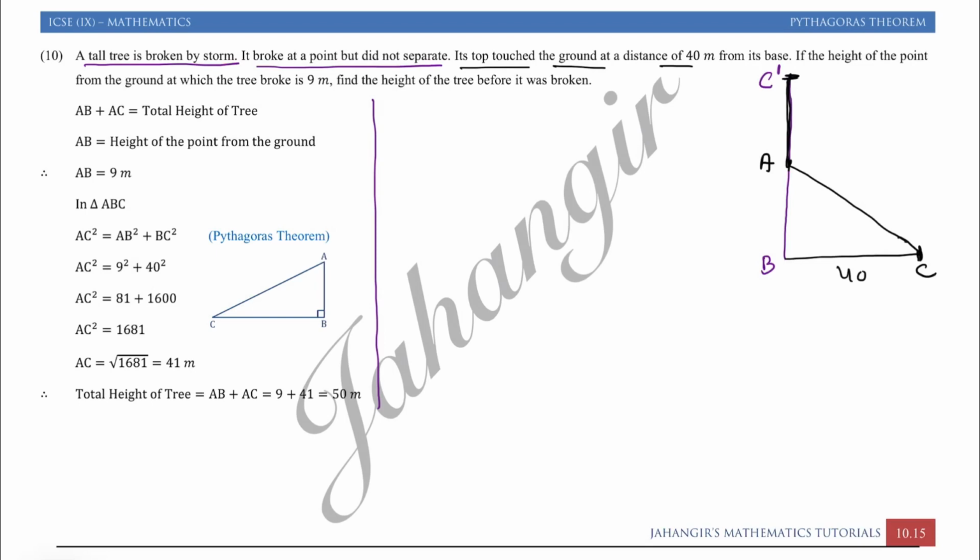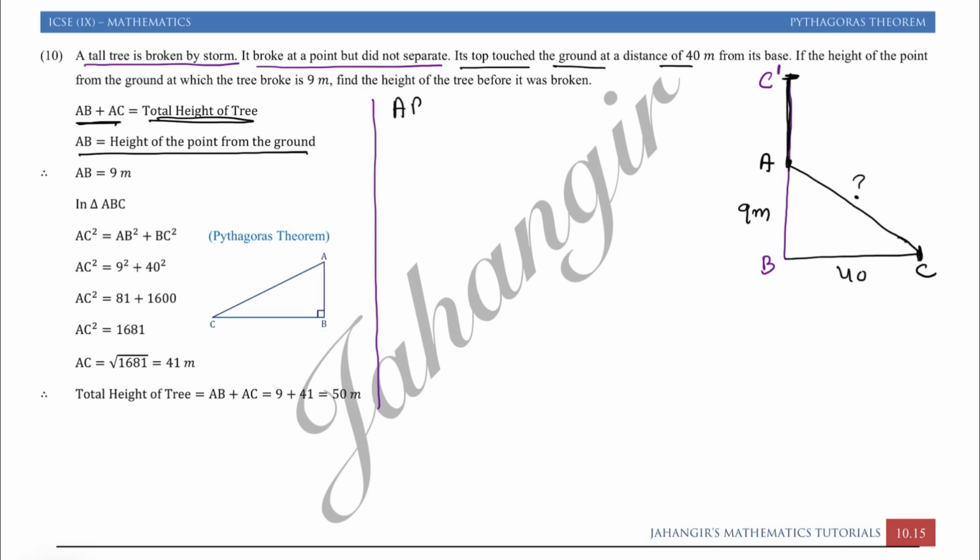If the height of the point from the ground at which the tree broke is 9 meter, this is 9 meter, we have to find the total height of the tree before it was broken. So if we find AC, then we have to add AB plus AC to get the total height of the tree. So AB plus AC is the total height of the tree. AB is the height of the point from the ground.